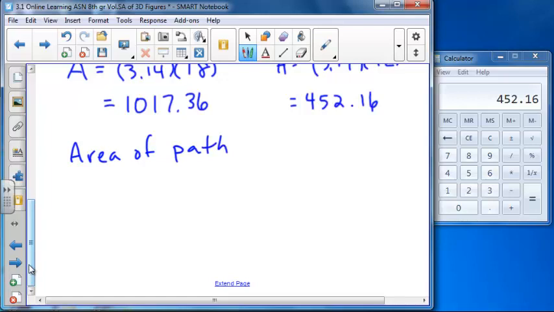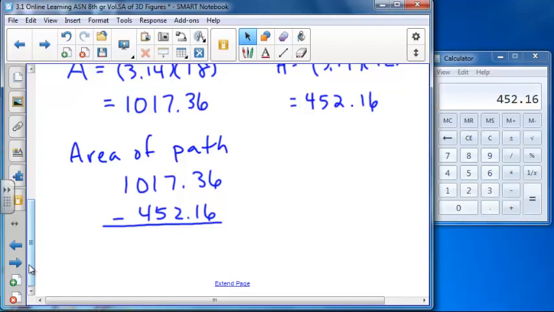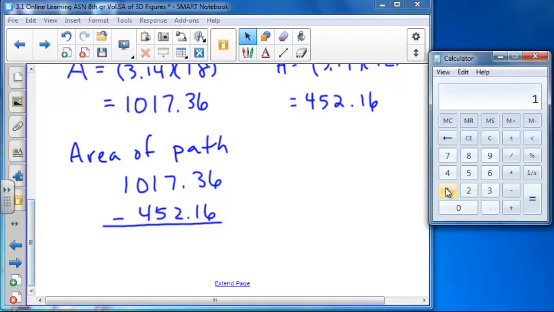To find the area of the path, we'll take the area of the larger circle and subtract the area of the circle inside. We'll use a calculator to make sure the computations are correct.